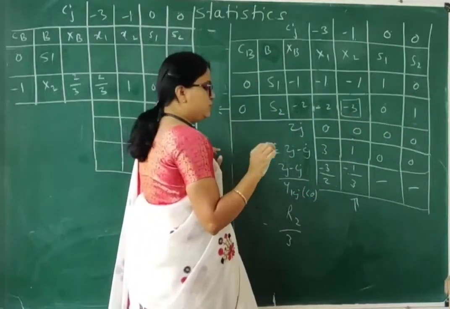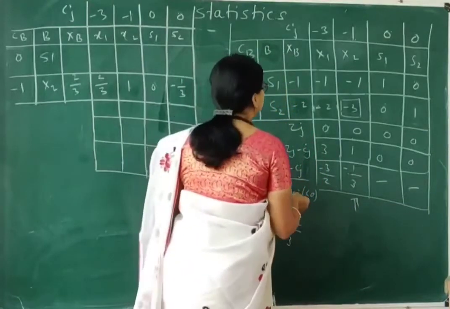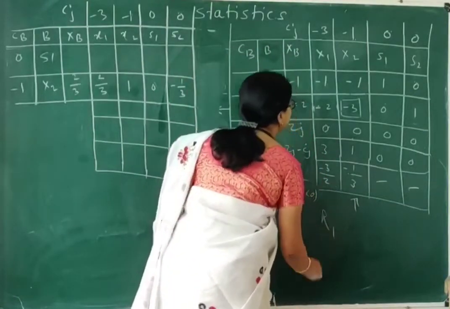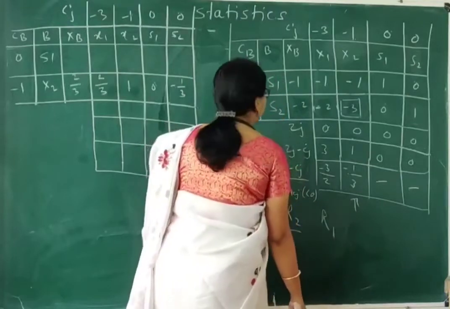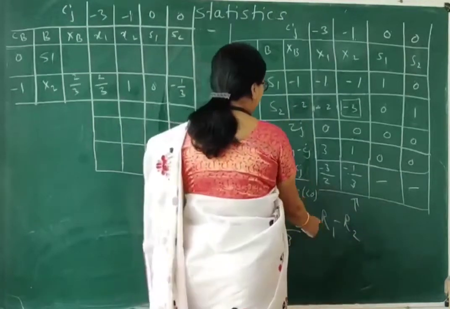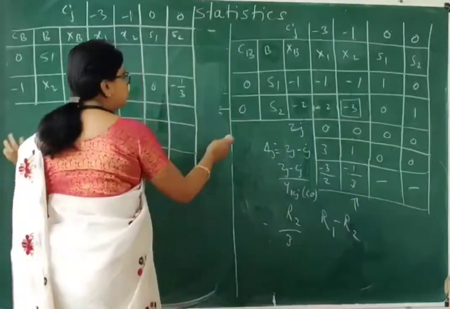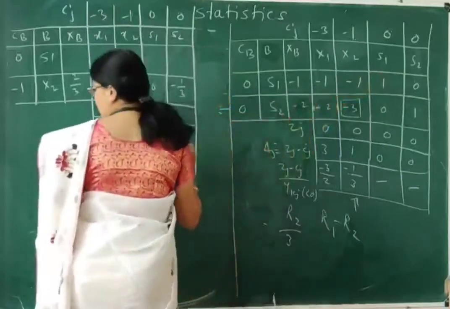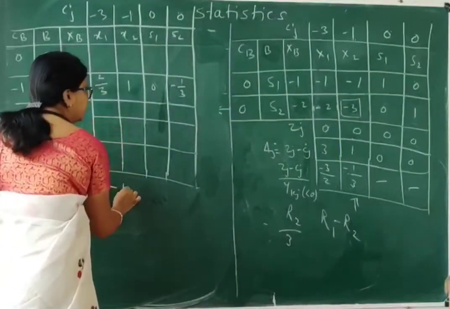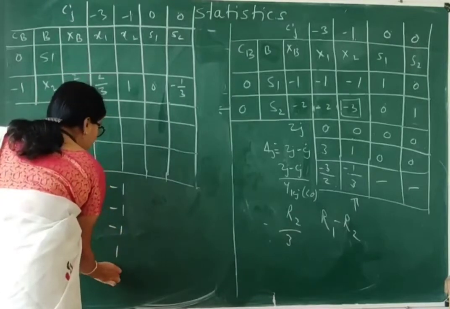Fine. Now the second transformation is R1 minus R2. So let me write the values of R1 over here. The values of R1 are -1, -1, -1, and 0.